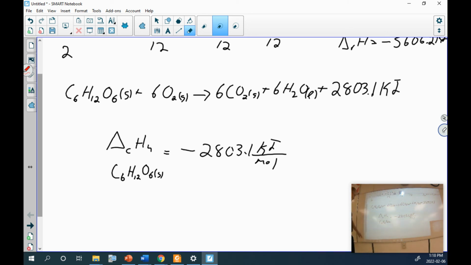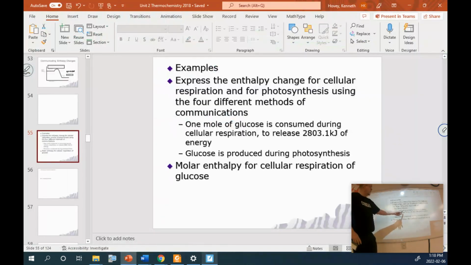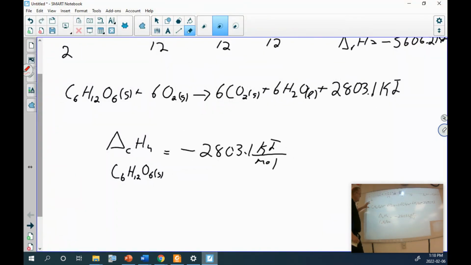And again, we got that from 1 mole of glucose is consumed to release. When you release, it's negative, 1 mole. So this statement here is giving me my molar enthalpy of combustion for glucose. These two processes are separate up here. This is just a third way of doing it.